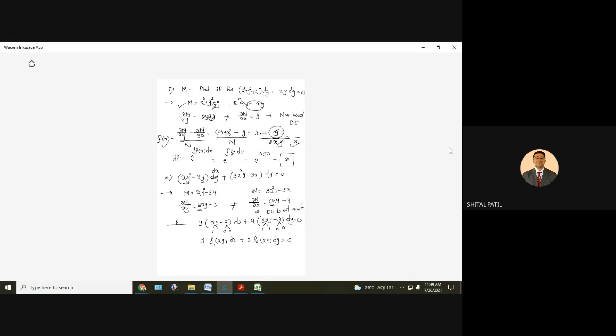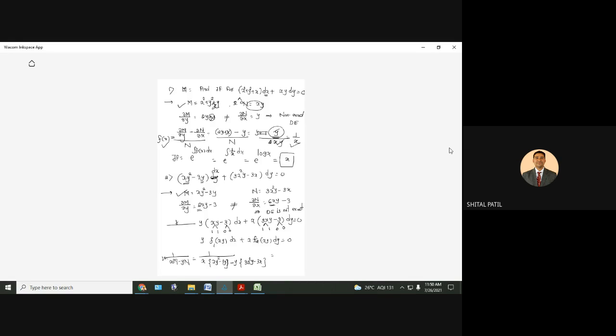According to rule number 2, the integrating factor is 1 upon xM minus yN. That is 1 upon x times xy square minus 3y, minus y times 3x square y minus 3x.